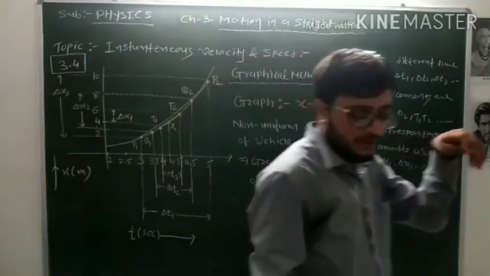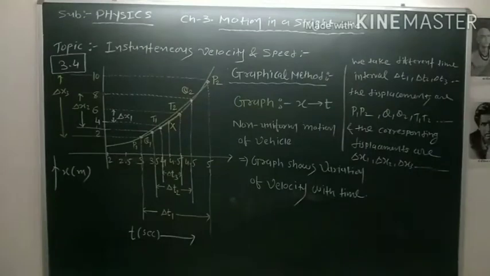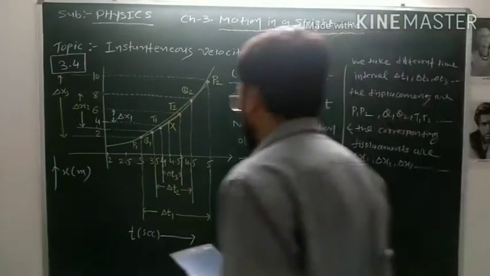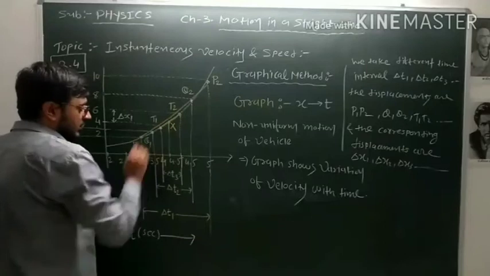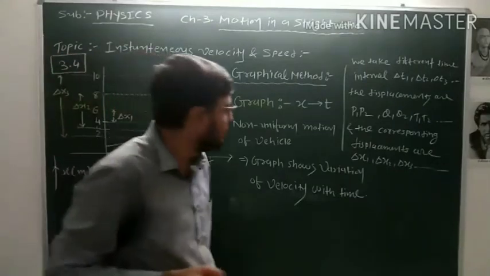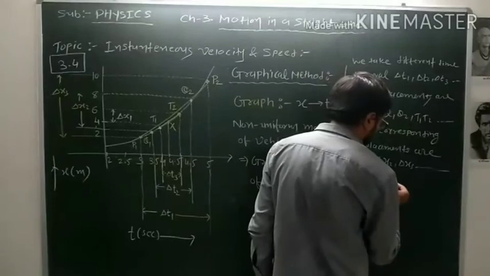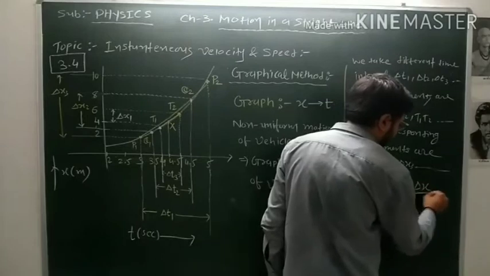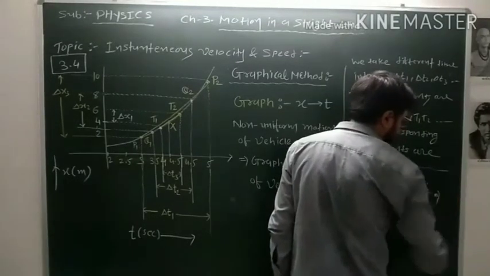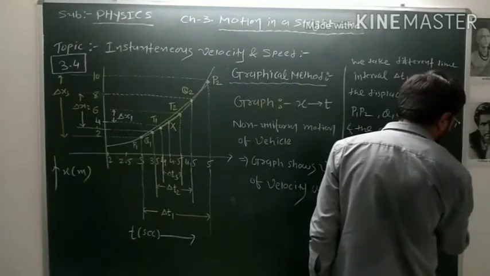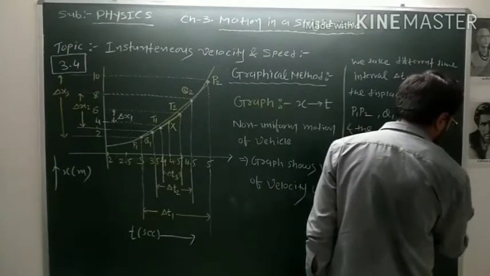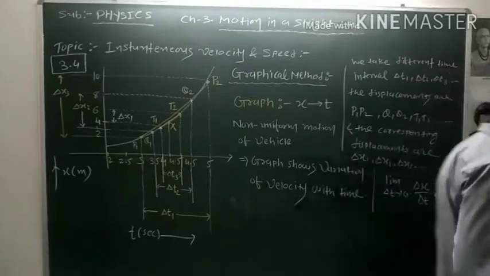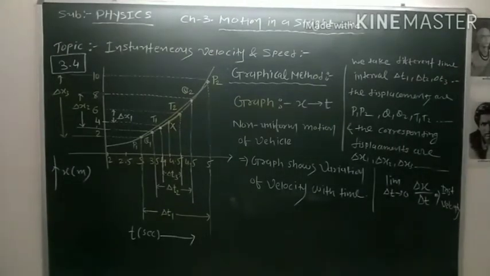When the time interval becomes 0, suppose delta t tends to 0, we can write limit delta t tends to 0 of delta x by delta t. So we get the instantaneous velocity at a particular time.